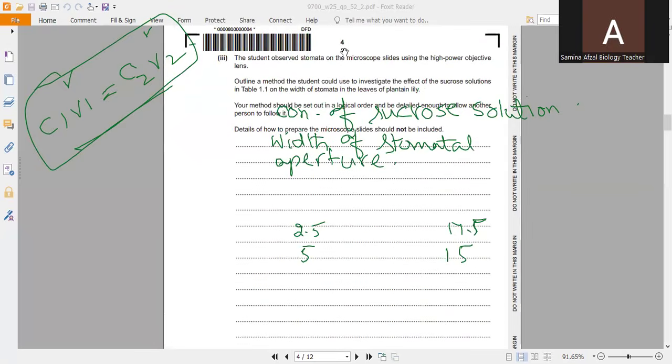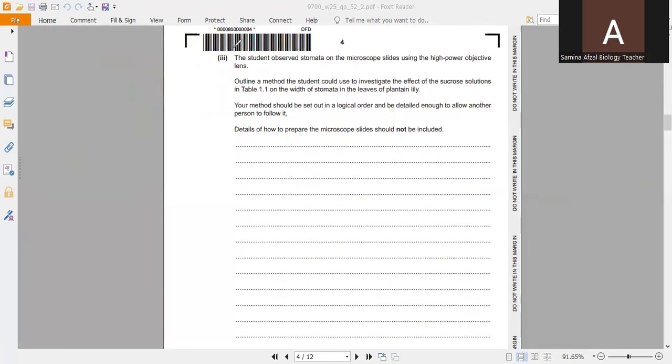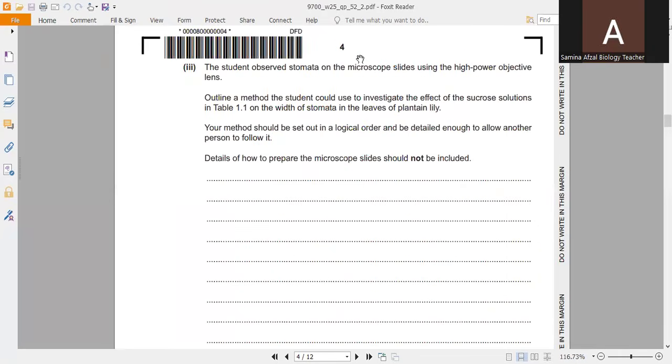Now the next part of this question is, the student observed stomata on the microscope slides using the high power objective lens.